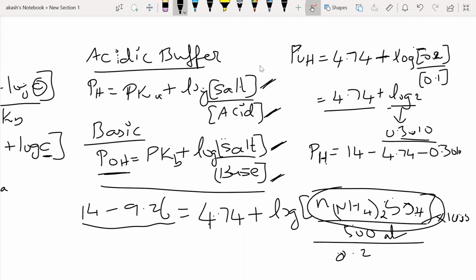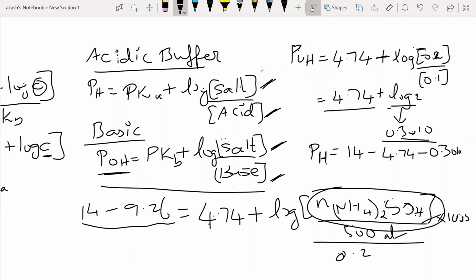Okay. The next question. Hydrolysis constant of NH4 plus ion is 5.55 into 10 to the power minus 10.